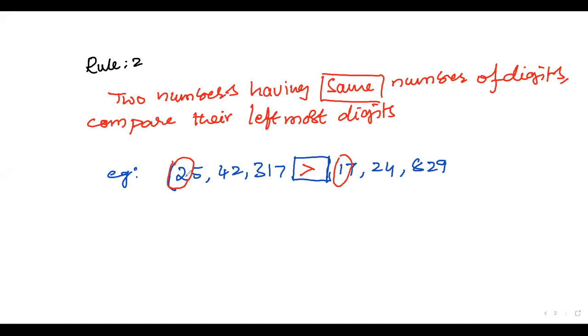Is it okay? Then we'll go to rule number 3. What is rule number 3? If the numbers have the same number of digits and the leftmost digits are also the same, what should we do?